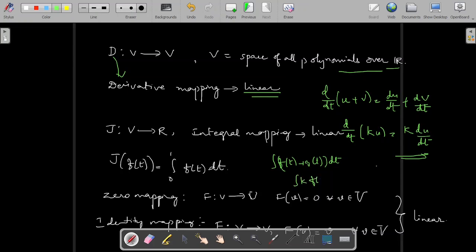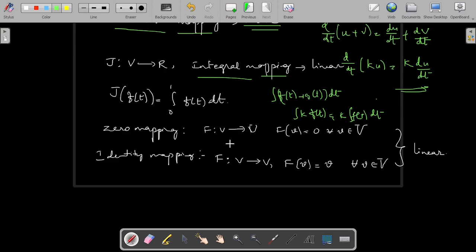Similarly, integral of k into f of t equals k into integral of f of t dt. So integral mapping as well as derivative mapping both are linear mappings. The vector space is the space of all polynomials over R. And zero mapping, if all vectors map to 0, then such a mapping is always linear.